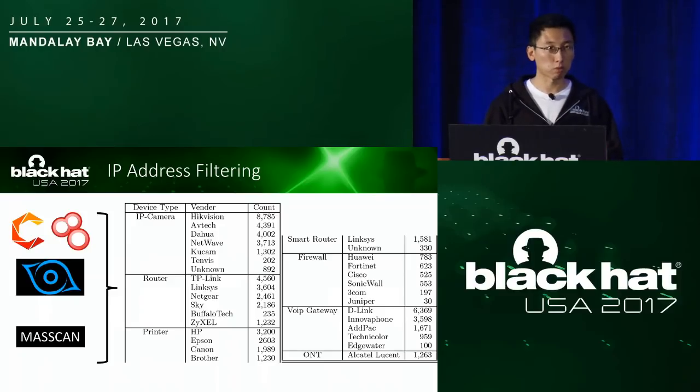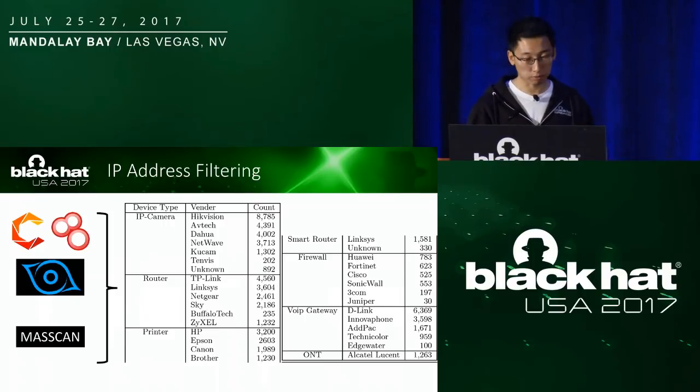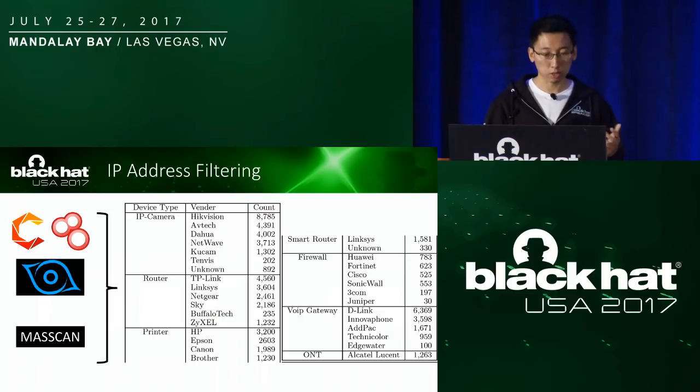Because we only want to scan IoT devices, we maintain the IP list for active IoT devices. Our sources come from online platforms like Censys, ZoomEye, Shodan, and we also have our own scanning tool like masscan. Basically, we use scanning tools to collect basic information from every IP address, exactly as these online platforms do, and we just want to keep our results fresh.